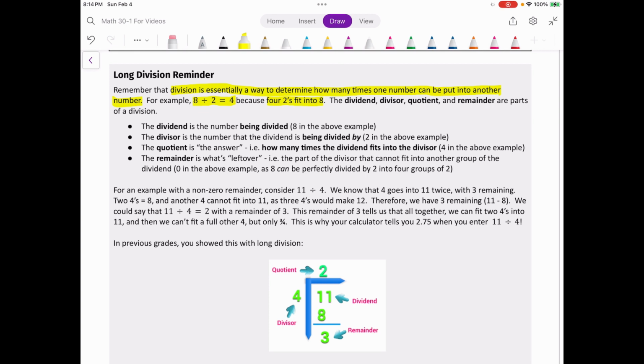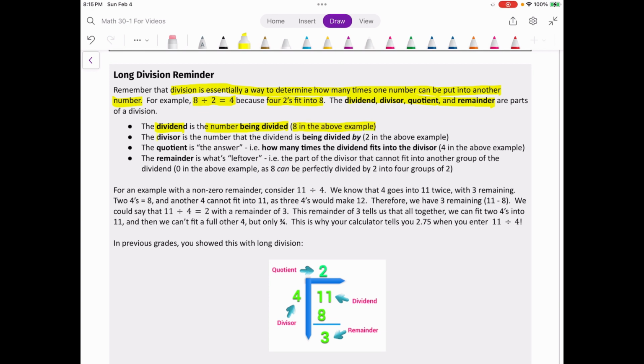So the dividend, the divisor, and the quotient, and the remainder, those are some terms you might not have heard in a while, okay? But they're parts of a division that we're going to be referring to as we go here. So the dividend, that's what we call the number being divided. So for our example of 8 divided by 2, 8 would be the dividend. We're dividing 8 by 2.